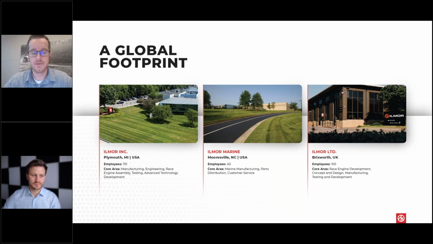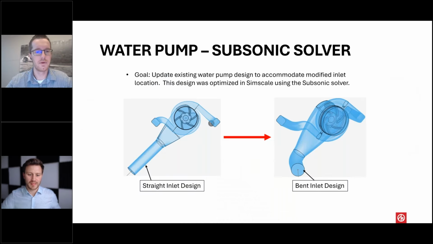So we'll get into the SimScale examples that we've prepared. We'll start with a water pump simulation that we did. The objective here was to take an existing pump design that had a straight inlet, and some packaging constraints were driving a change to that inlet such that it was bent into the shape that you see here.